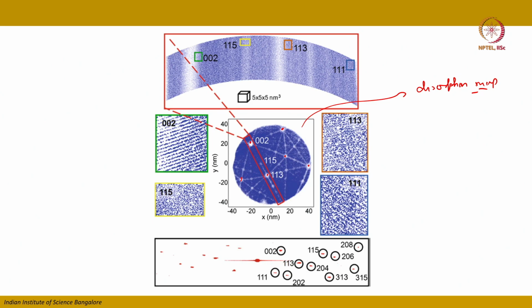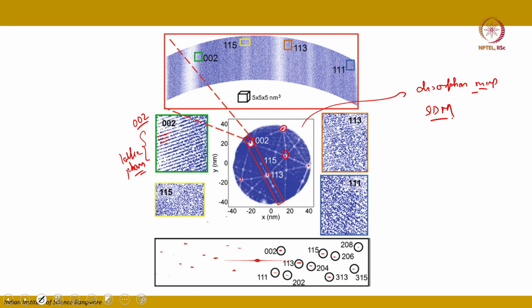Now you can take this particular region or this region or this region, and by using SDMs, you can actually get the lattice planes of that particular pole. So here we can see that these are called 002 planes, which can be resolved, and the distance between these two lines is the interplanar spacing of that 002.